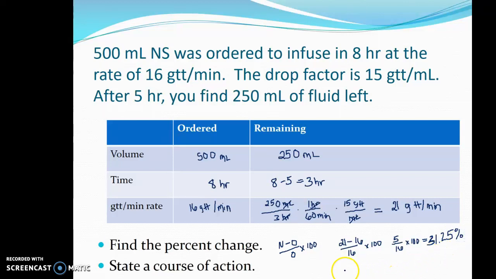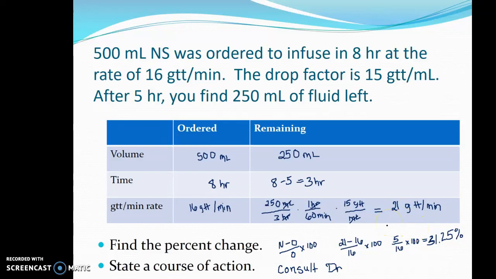So based on our protocol, this change is more than 25%. So before I make that change, I need to consult the doctor. So my course of action is to consult the doctor. It is the doctor's decision if the IV should be sped up, if it should be reset at 16 like it was originally ordered, what should be done with that IV.